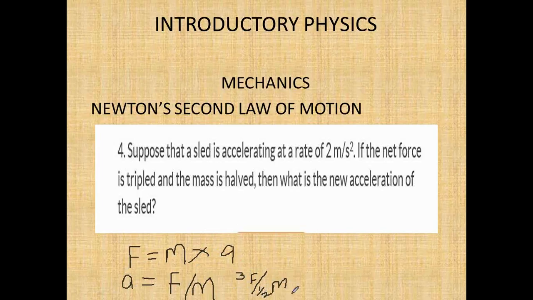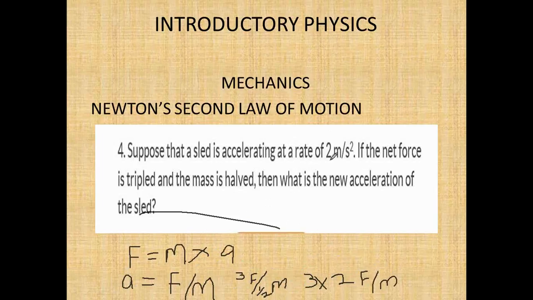So when you solve this, you'll get 3 times, because you're dividing by a half, so it's 3 times 2, and you still have your force and your mass, whatever they were. So then what is the new acceleration of the sled? It's going to be 6 meters per second squared.